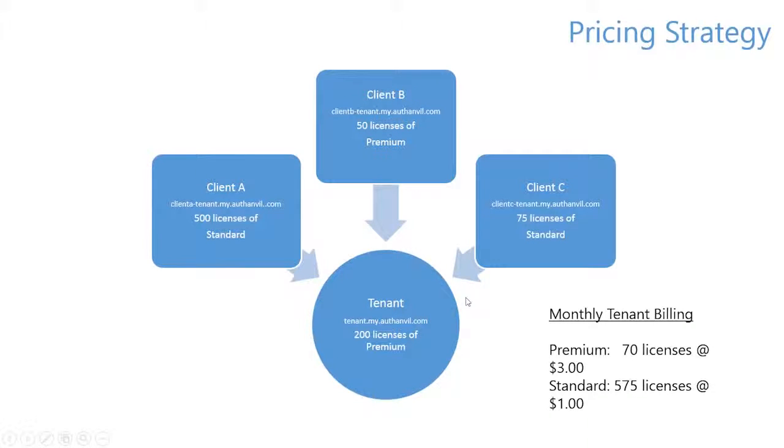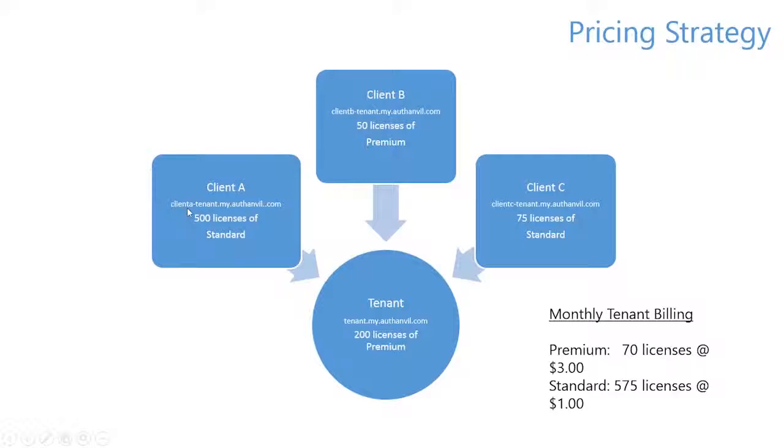So again, if you are offering this up as a service, you are considered the tenant, and it would be your tenant.my.AuthAnvil.com, and let's say you had 200 licenses of premium, or 10 licenses of premium, whatever it is, that minimum is 10, and then each of your clients is linked back to you based on whatever plan they want to go with.